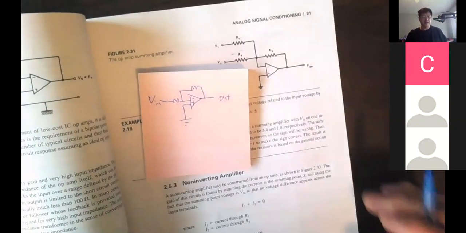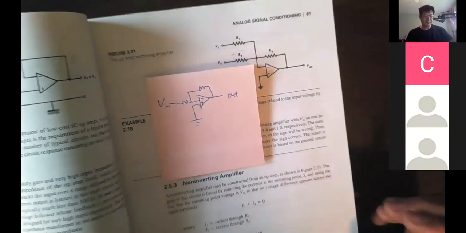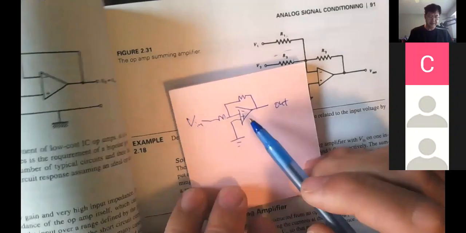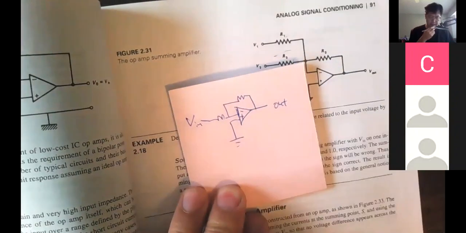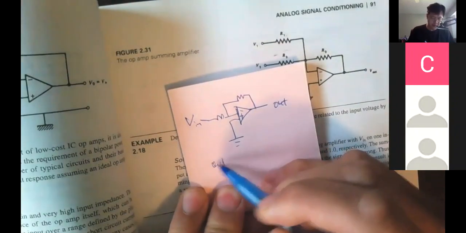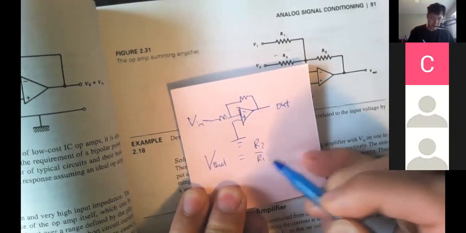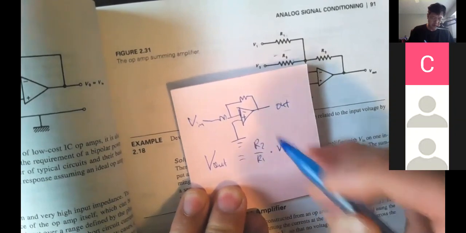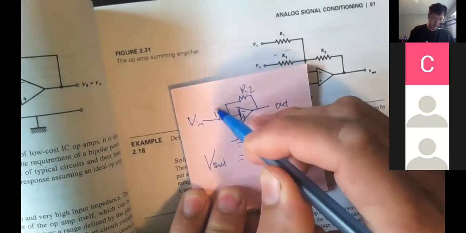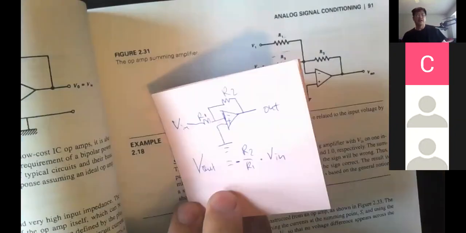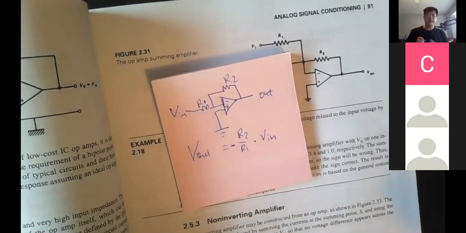So that's what the inverting amp looks like. This is the op amp, and the output equals negative R2 over R1.